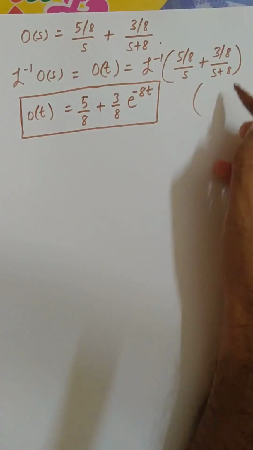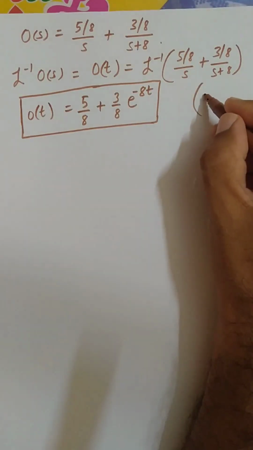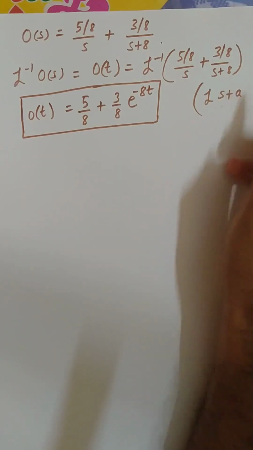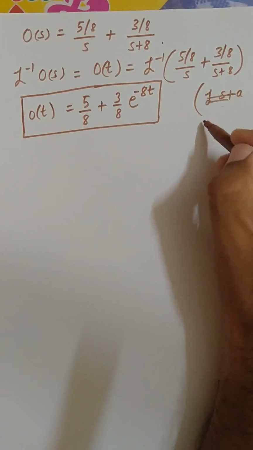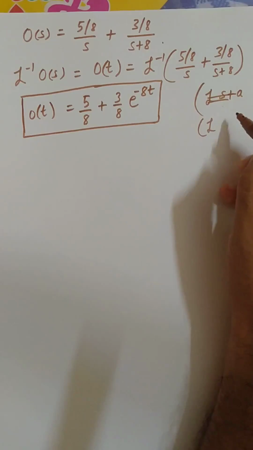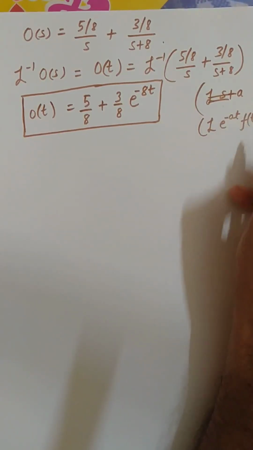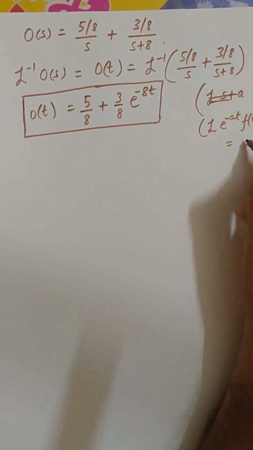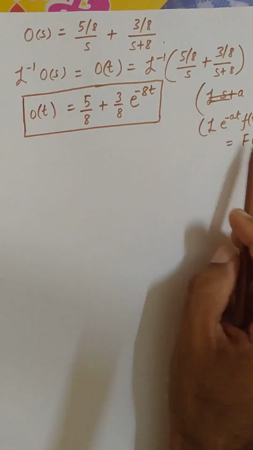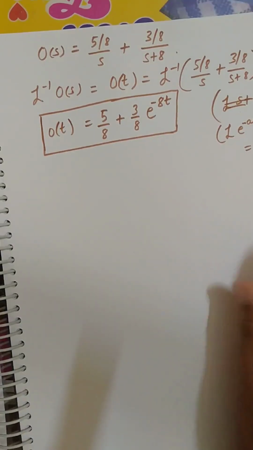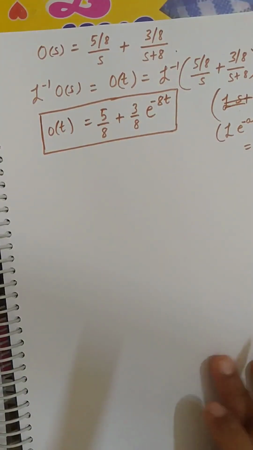The property that I have used here is that the Laplace transform of e to the power minus at times f(t) is equal to F(s plus a). This property I have used here. So when I take inverse Laplace, I can do this. Okay, so this is my response of the system.